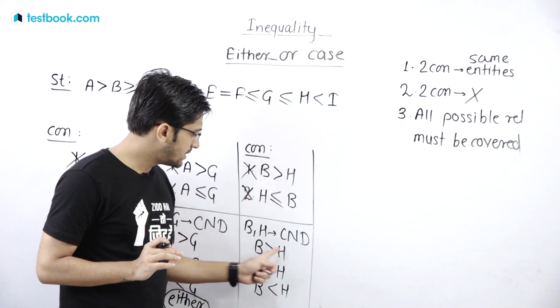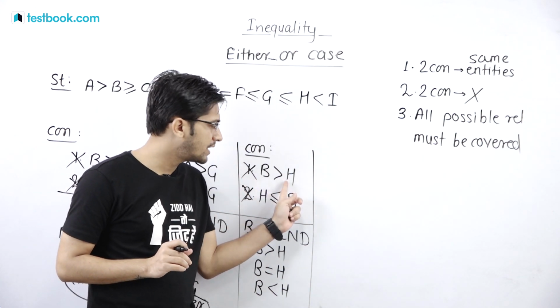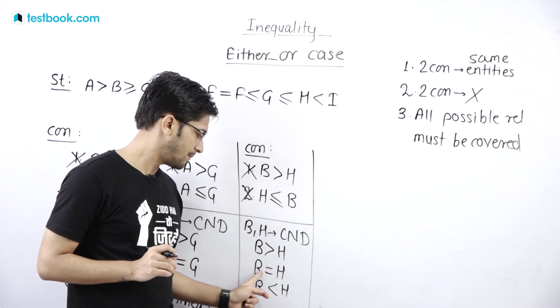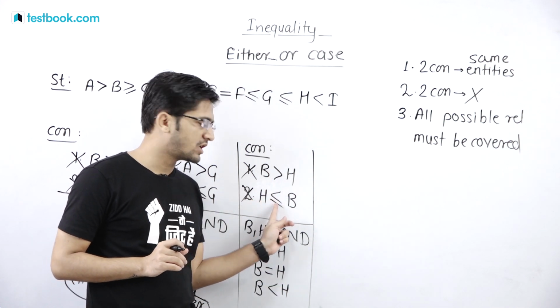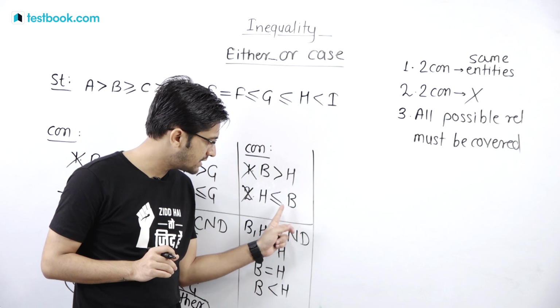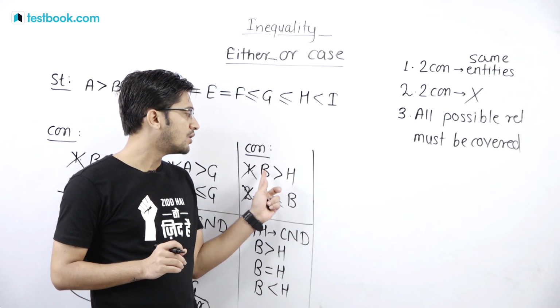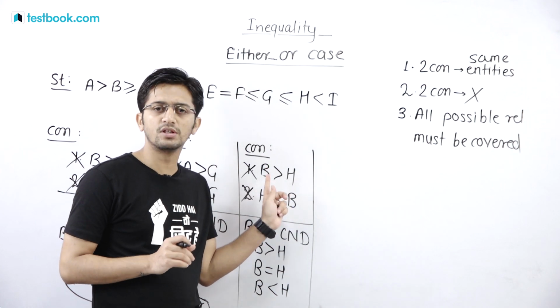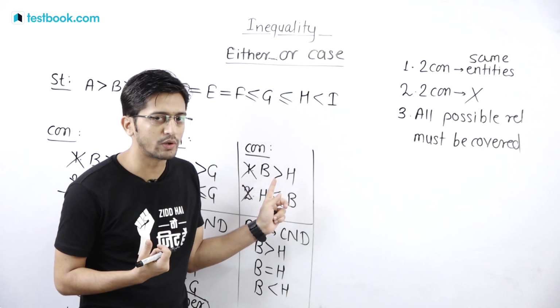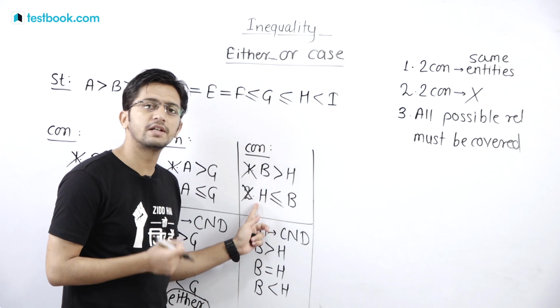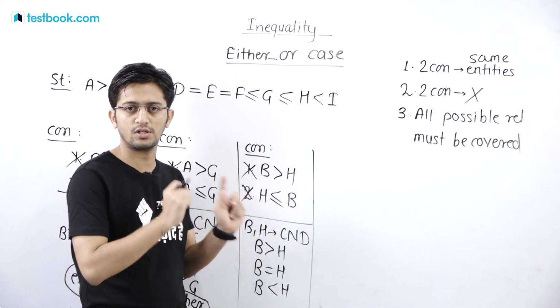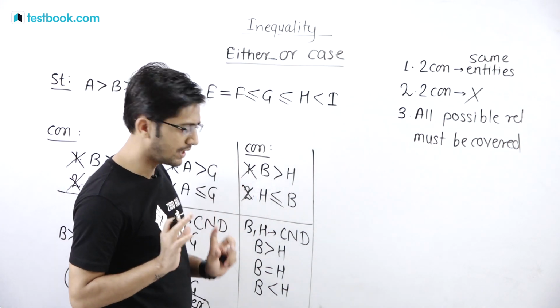B is greater than H. It is covered in the first conclusion. B is equal to H. It is covered in the second conclusion. Here you can see B is equal to H. And B is less than H. Do we have B is less than H in the first conclusion? No, we don't have. Do we have B is less than H in the second conclusion? No, we don't have.